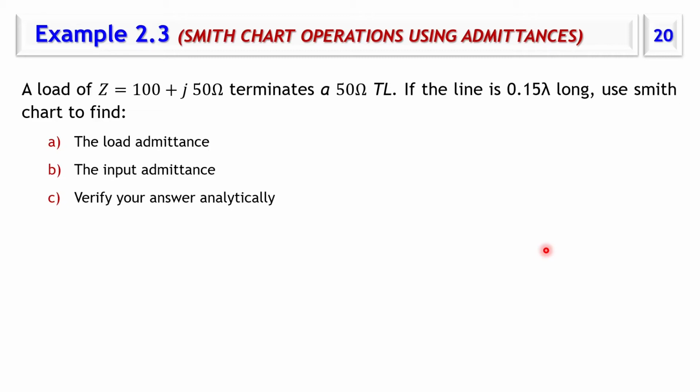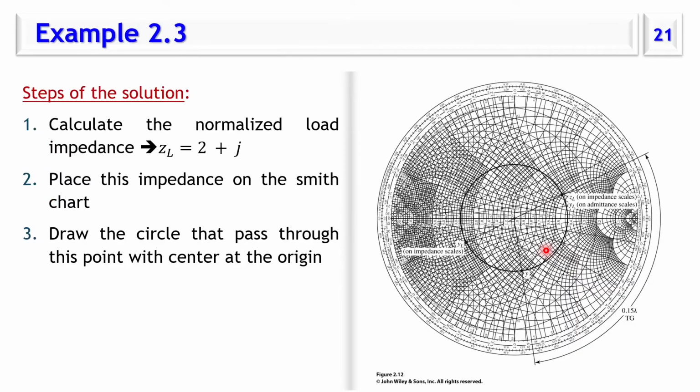As I also advised you earlier, try to solve it yourself first, then continue with this video. This example is solved in the book with the two ZY Smith chart, but anyway, let us see how it's solved.